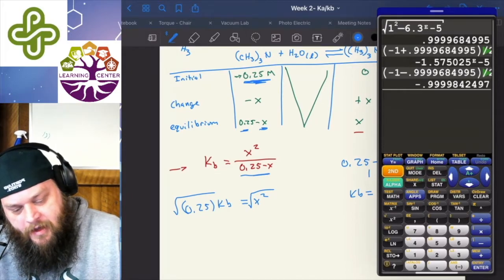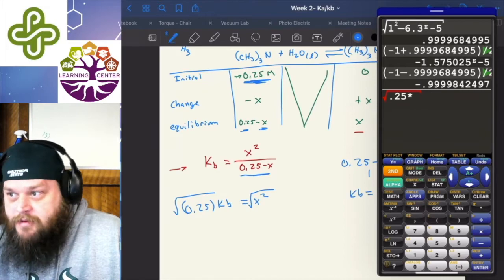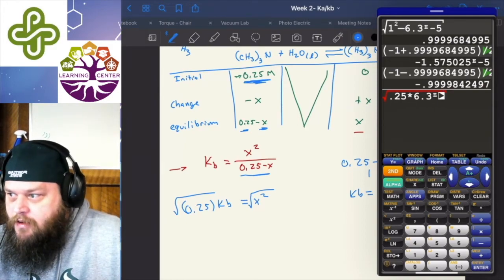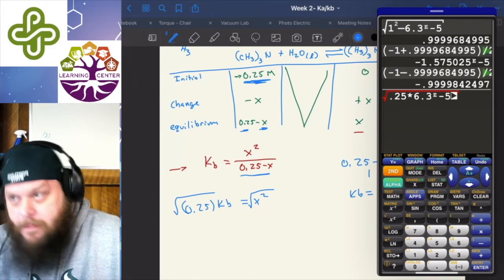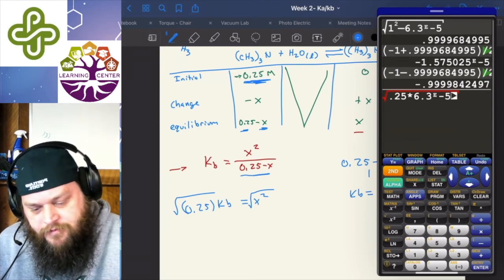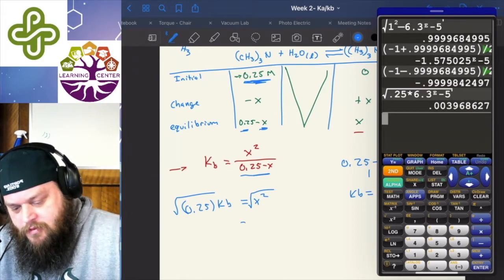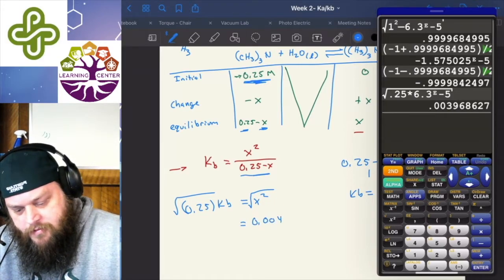So in my calculator, I can take the square root of 0.25 times 6.3e to the -5. And that's just going to equal 0.004.